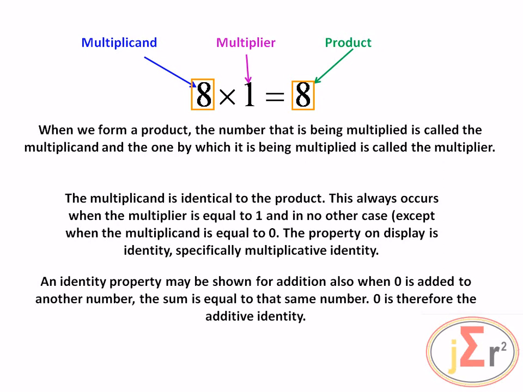So when you multiply a number by 1, the result is the same number that you multiply by 1, as in this particular case. And when you add 0 to a number, the answer is identically equal to that same number to which you are adding 0. So 0 is the additive identity.